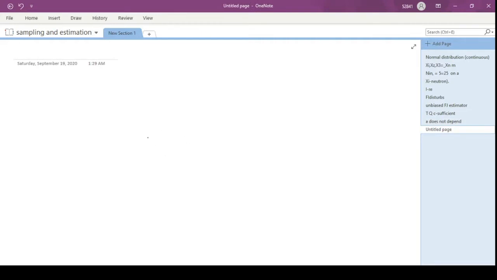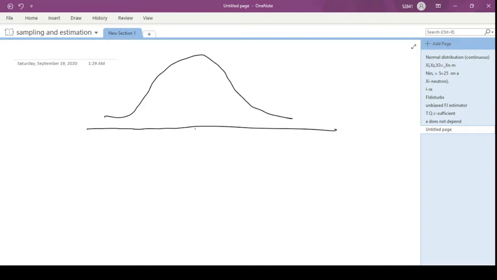If I have a standard normal distribution curve like this, then with a certain confidence interval, T1 and T2, I'll be able to judge from the sample what the population parameter is. We will subsequently see how to formulate it.